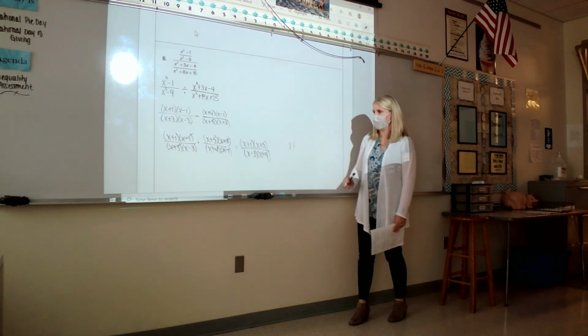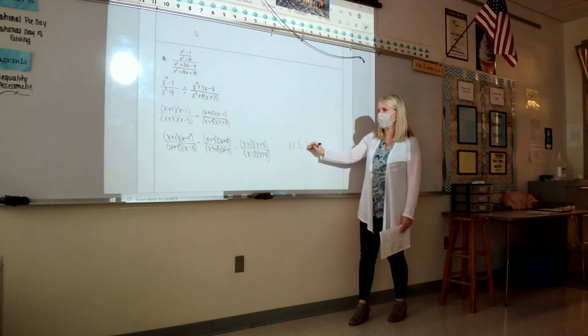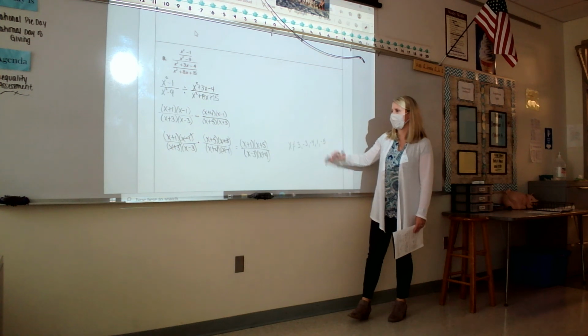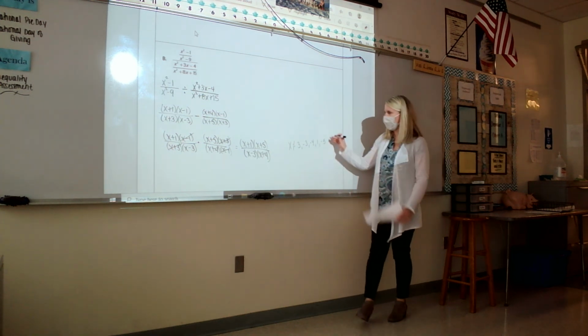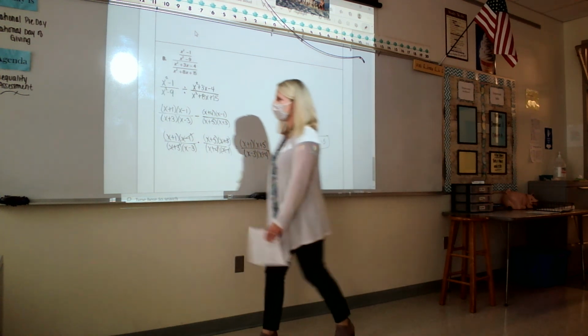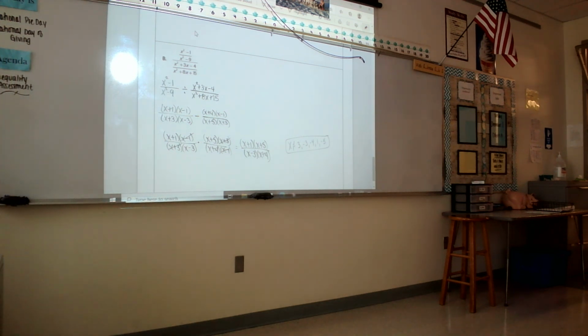X cannot equal 3, negative 3, negative 4, 1, negative 5. I think that's it, right? Oh my goodness gracious. So when you see a complex fraction, it's really just a division problem. So it's just recognizing that.